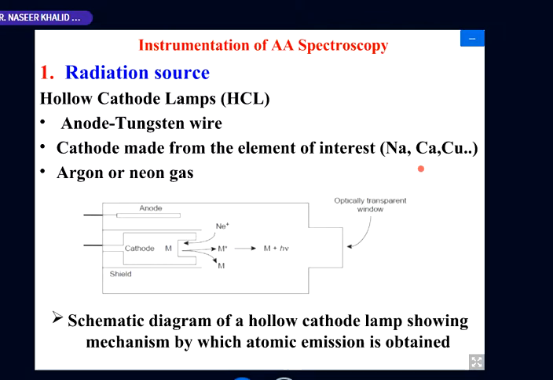Their energy quantum is different. If it is a low energy quantum, it will be low energy radiation. If it is a high energy quantum, it will emit high energy radiation.